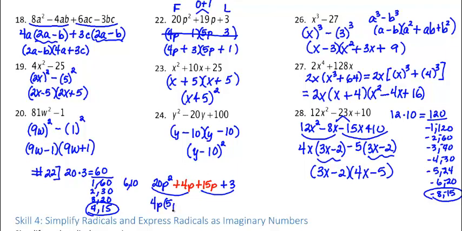That leaves a 5p plus 1, because 4p divided by 4p is just 1. Between a 15p and 3, a 3 is common. 3 into 15p is 5p, and 3 into 3 is 1. So again, we see that common binomial of 5p plus 1, and the remaining factors would be 4p plus 3.